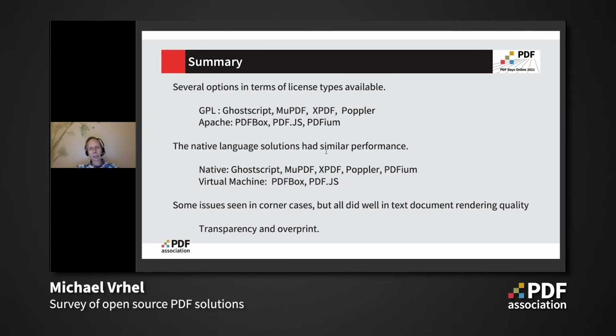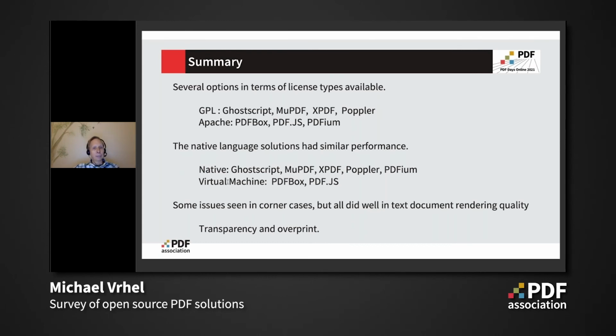The native language solutions had very similar performance. So that's Goscript, BooPDF, Xpdf, Poppler, and PDFEM, with some exceptions on certain files where, for example, PDFEM did quite well speed-wise on the text document solution, and Goscript had quite good memory performance on the Ghent tests.